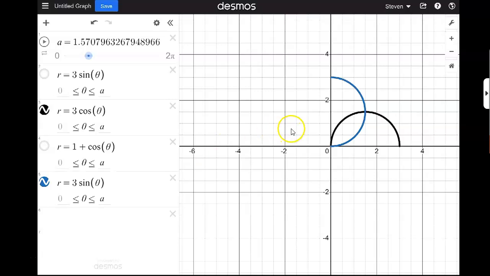Now, at this point, when I reach pi over 2, the black graph has come back and intersected at 0, but it's not actually crossing at that point as far as theta is concerned. Physically, it's crossing, but in terms of theta, they're not crossing, because at theta equals pi over 2, the black graph is hitting 0, but the blue graph hits 0 at theta equals 0.